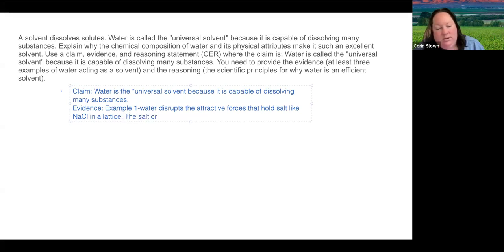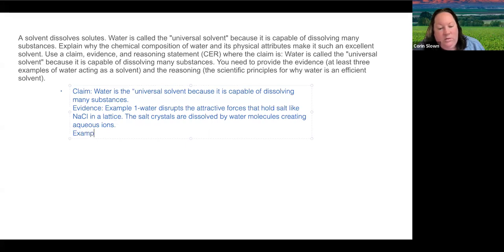The salt crystals are dissolved by water molecules, creating aqueous ions.